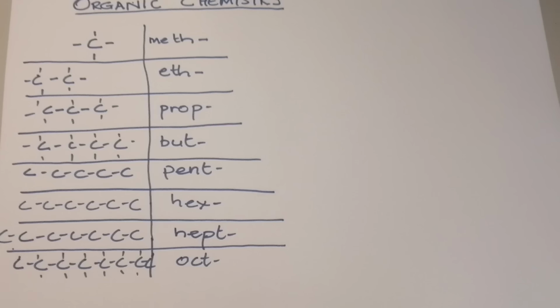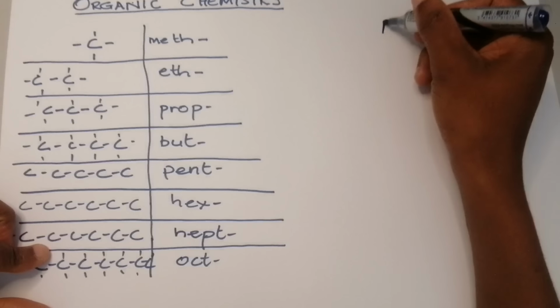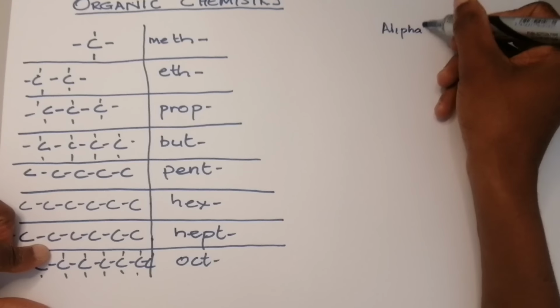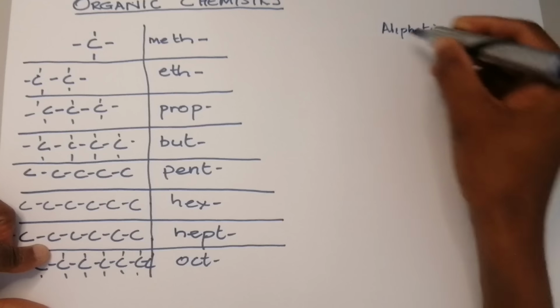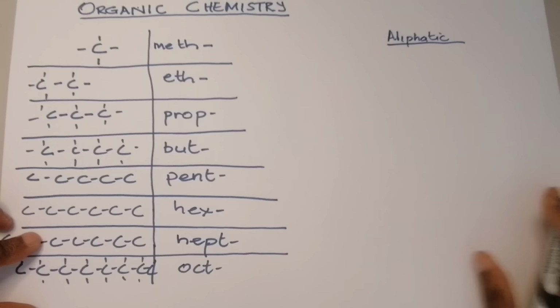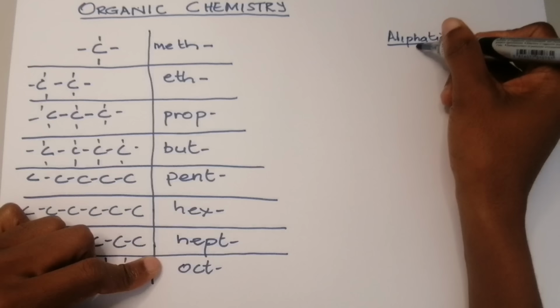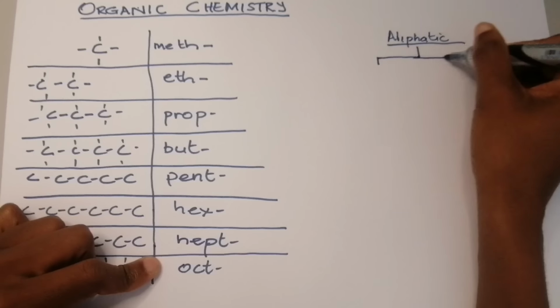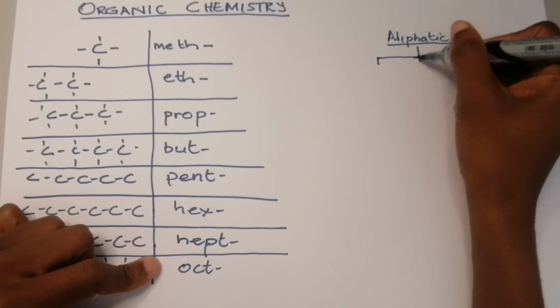Now, then we've got a group of hydrocarbons. What I'm going to simply do, we said we've got aliphatic compounds. So in our group of aliphatic compounds, those are hydrocarbons. Now, we're going to expand this as we go along, but please just stay with me for now.